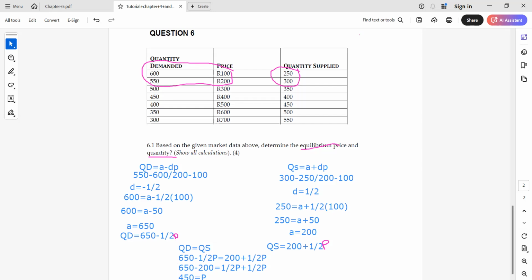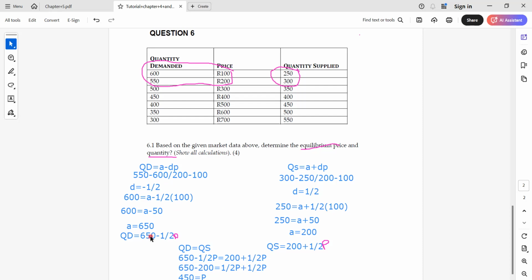So now to check your quantity supplied and your quantity demanded, you just take this 450 and substitute it here as your P to get your quantity demanded. So you say 650 minus 1/2, then you substitute your 450.